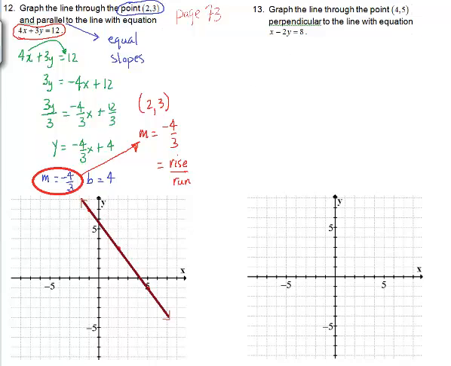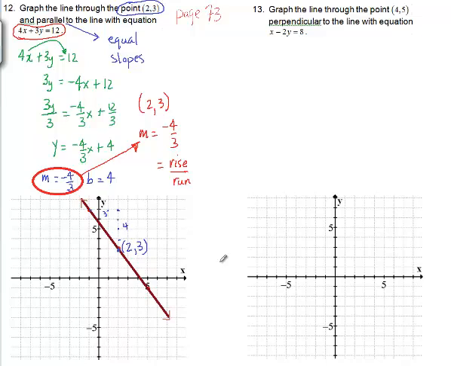When you're labeling your graph, you should label the point (2, 3), obviously a key point right here. And if you want, you could show your slope from there, show the 4 units up and the 3 units across, so it'll be 4 and 3. So there's your solution to number 11.